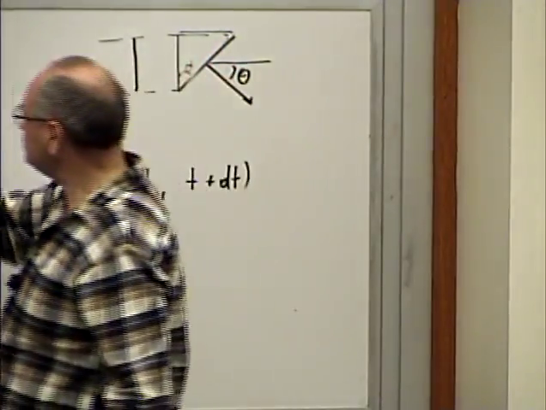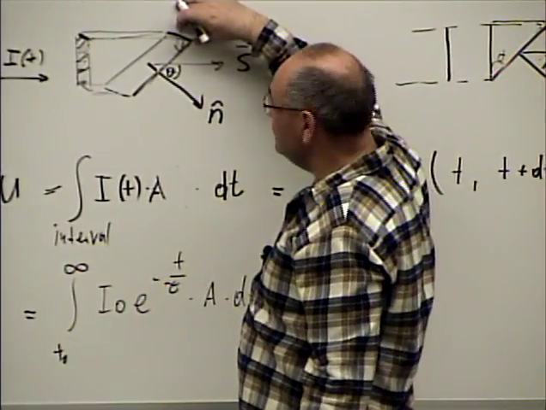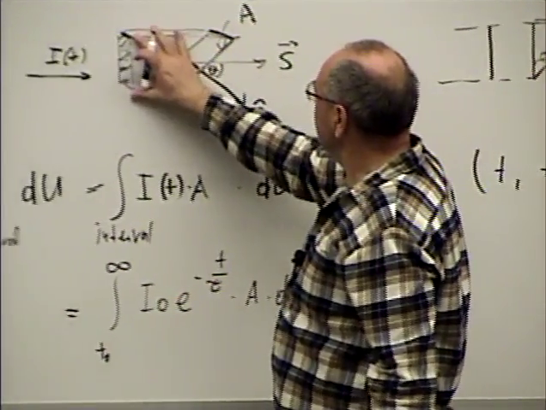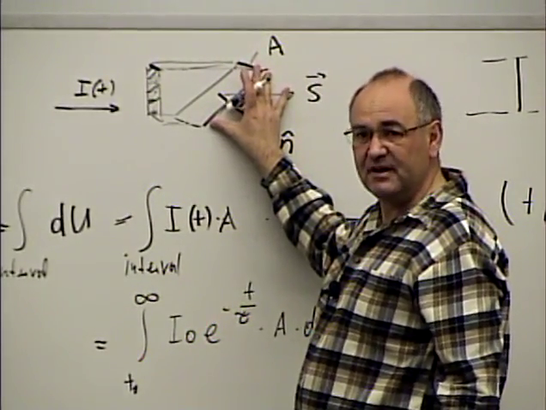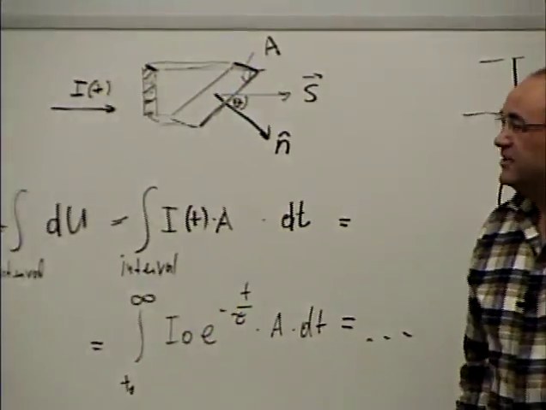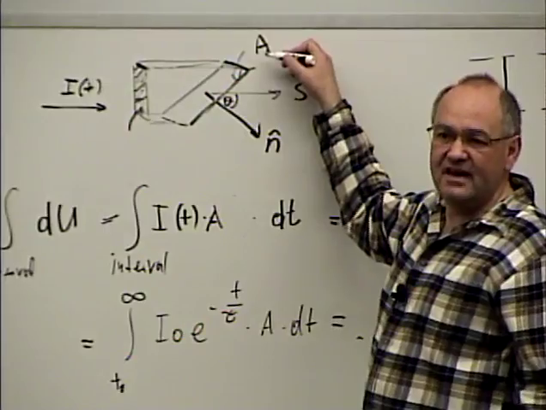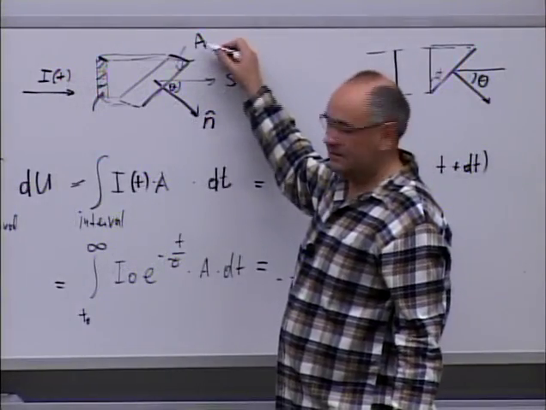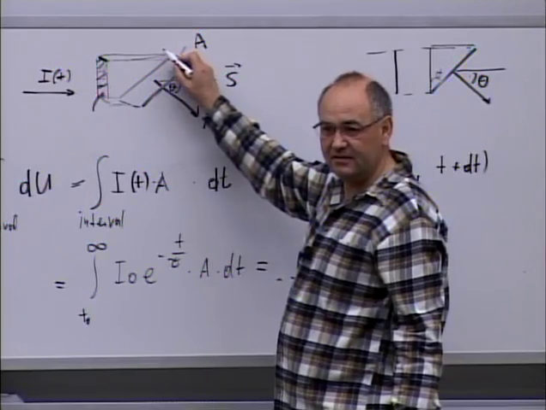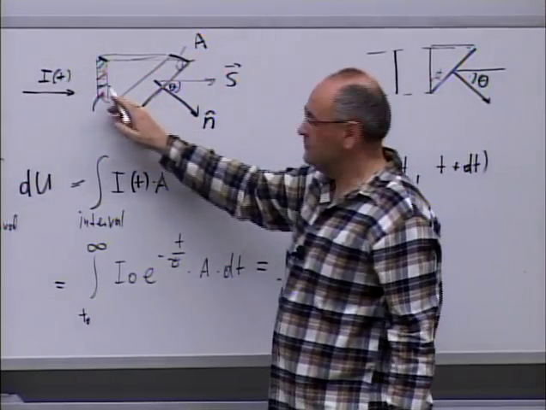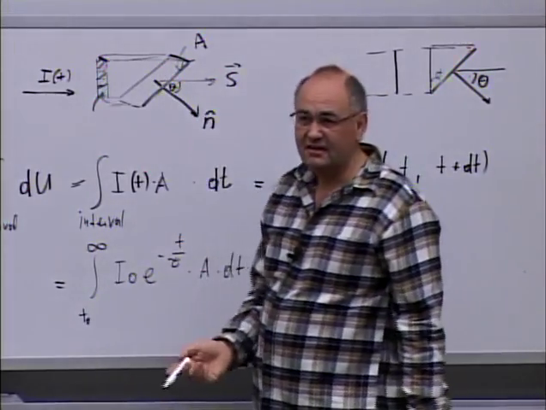So this side of the triangle is not affected by inclining. This side is equal to this longer side multiplied by cosine theta. Now how do I get the area of this rectangle? I multiply the length of one side by the other side, right? Now over here, how do I calculate this area? I also multiply one side by the other side.